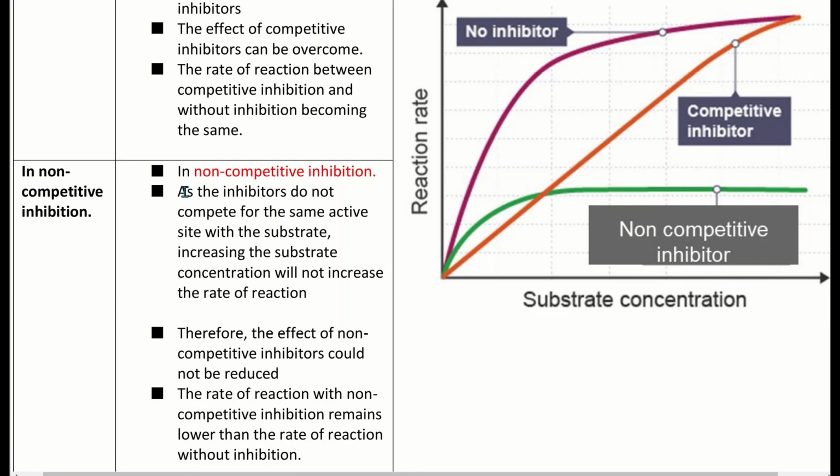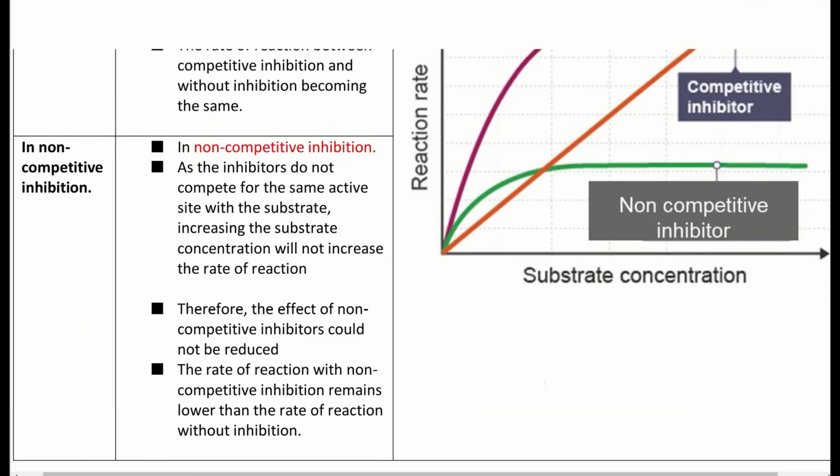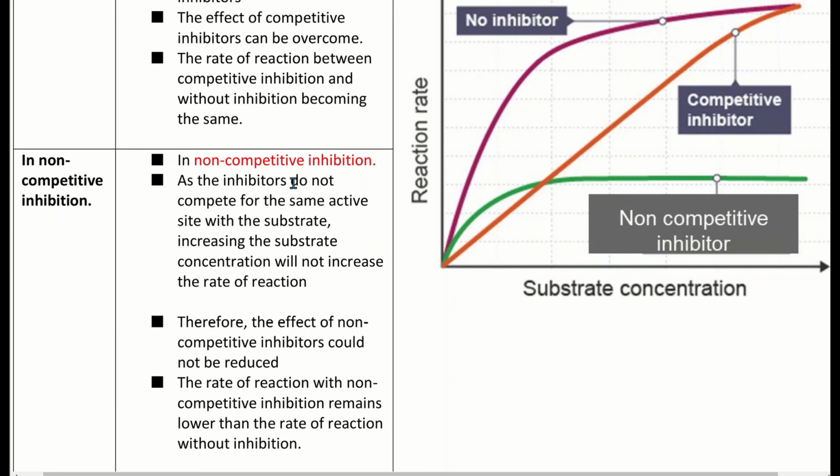Okay, so in non-competitive inhibition, as the inhibitor do not compete for the same active site with the substrate, increasing the substrate concentration will not increase the rate of reaction. Okay, so non-competitive inhibitor does not bind to active site. Okay, it doesn't compete with substrate.